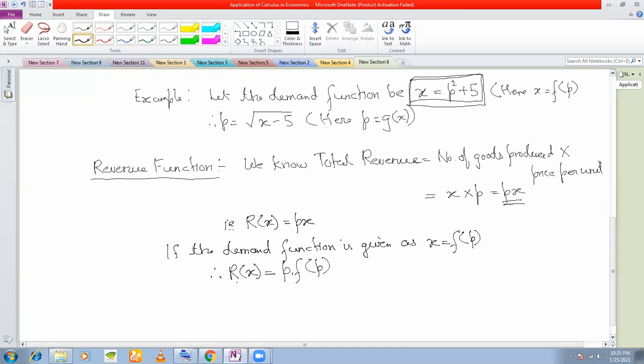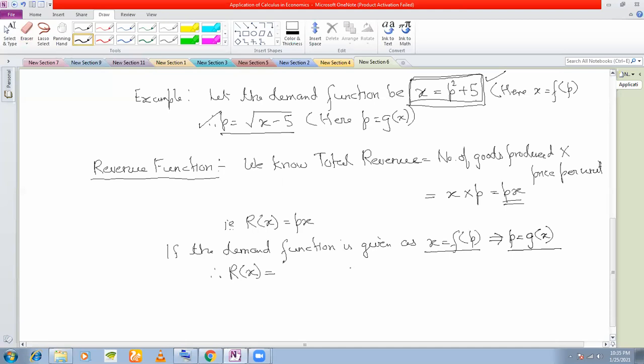P into X. Oh, sorry, we have to keep it as a function of X. So what you do is, as X is equal to f(p), that means you can write P as a function of X, say g(x). In the example that I gave you, the demand function is given, and you can always change it in terms of P. That is why if X is equal to f(p) is given, you can always write P is equal to g(x), some function of X.